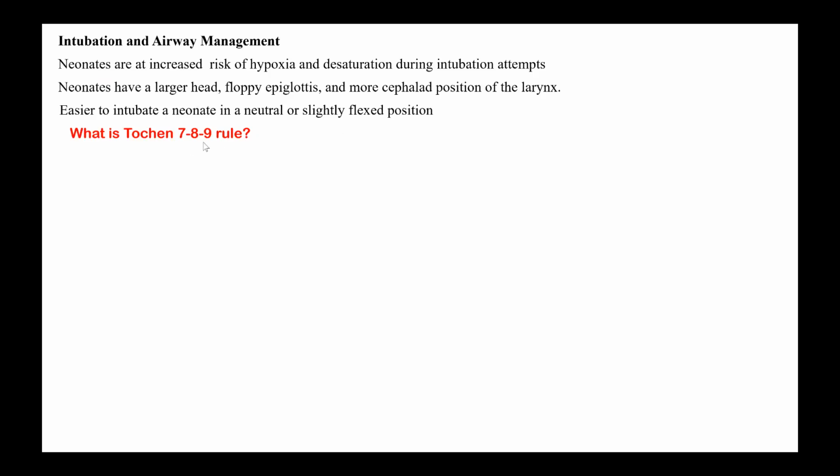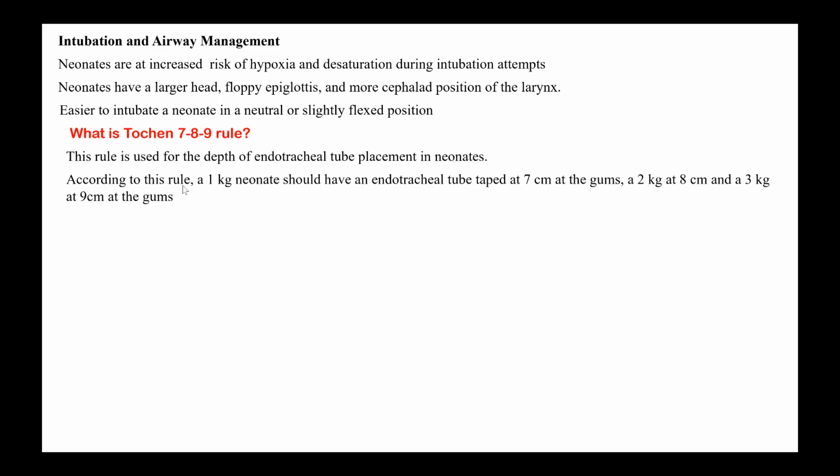What is the Tochen 789 rule for intubation in a neonate? Any idea? No, sir. Okay, the rule is used for the depth of endotracheal tube placement in neonates. Unlike adults, where you can pass the tube up to 19 or 20 centimeters, according to this rule, a 1 kg neonate should have an endotracheal tube fixed at 7 centimeters at the gum level.